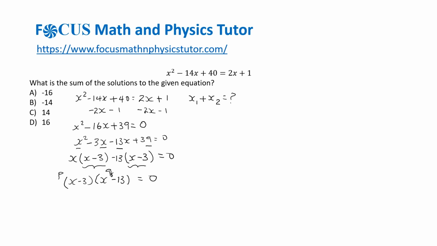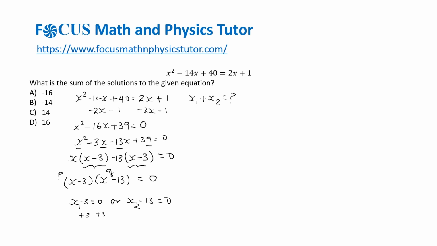That means either x minus 3 equals 0 or x minus 13 is equal to 0. Let's call them x1 and x2 just to differentiate between the two. All right, so if I add 3 here, I have to add 3 on the right side as well.